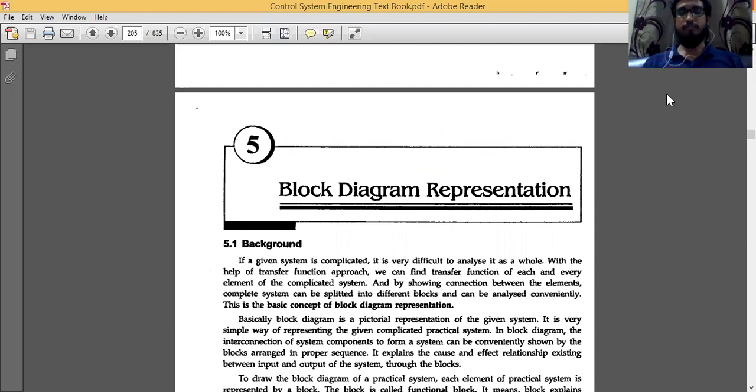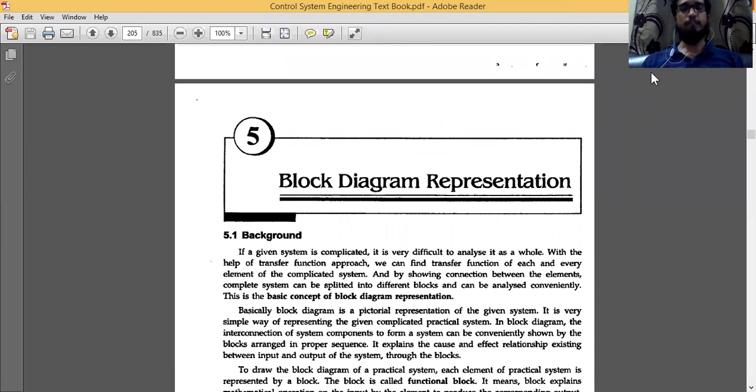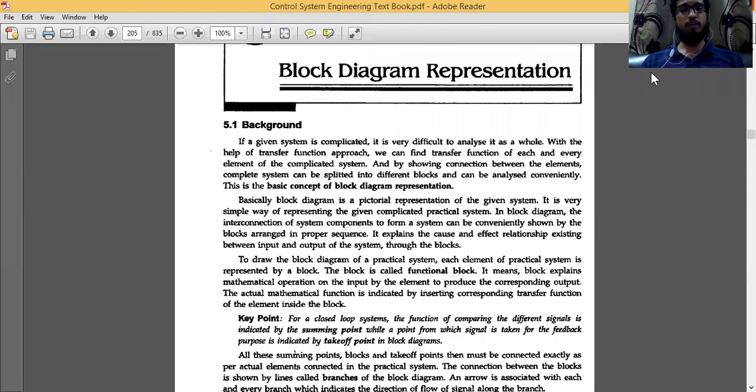In my previous videos, go through them to have a complete look at module number 2, that is block diagram representation and the signal flow graph. We have seen what a block diagram is, which is basically a pictorial representation.